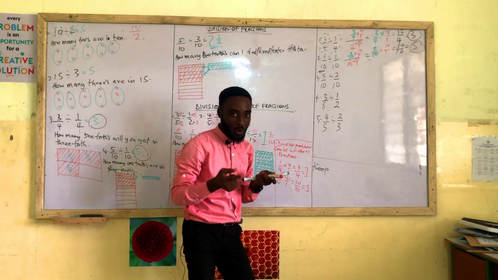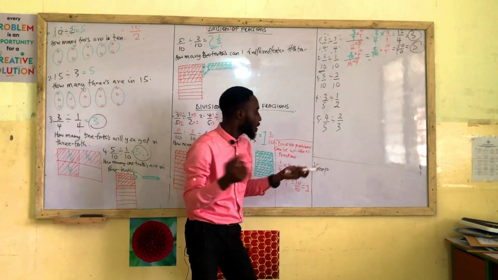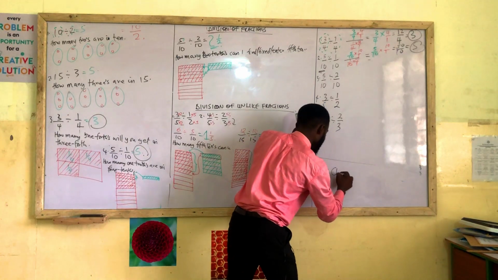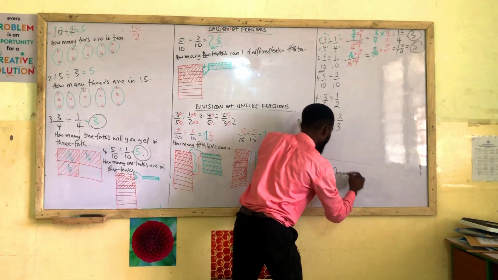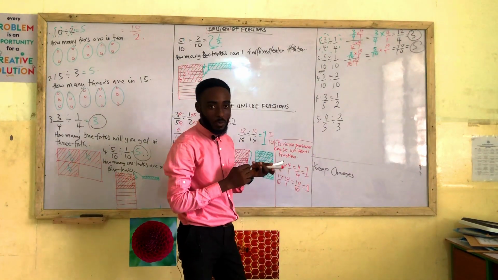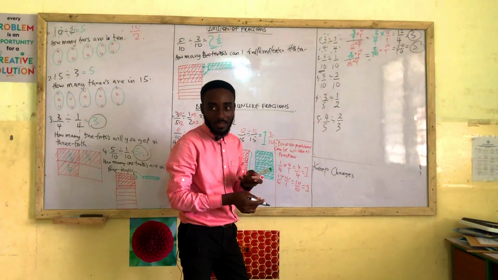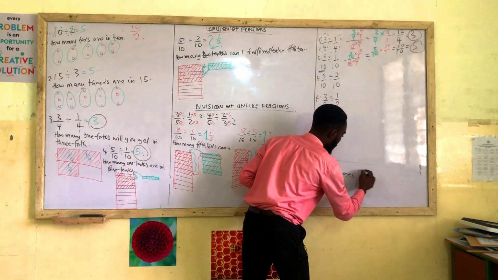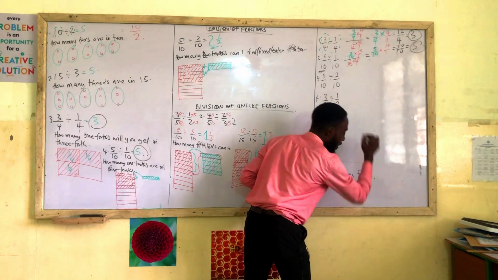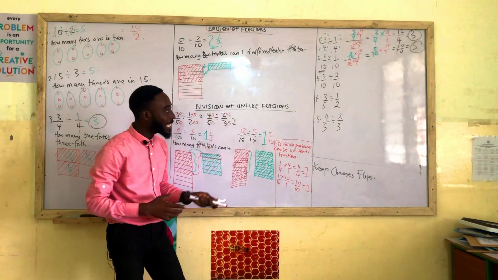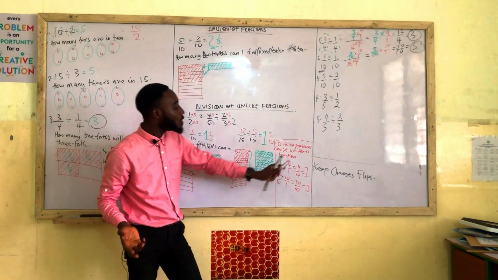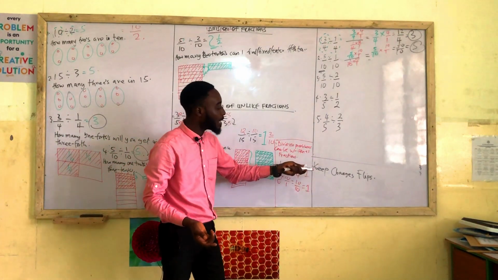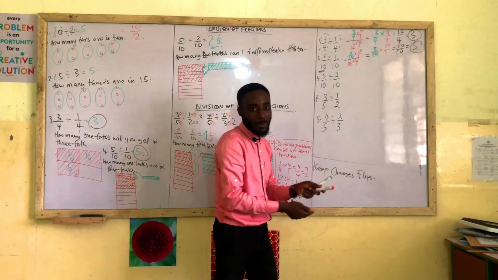It changes to what? Multiplication. So it keeps itself, changes. And then what happens to the third one? It flips. So it means that when you are given any question, you just have to keep the first one, change the second one, and then flip it.